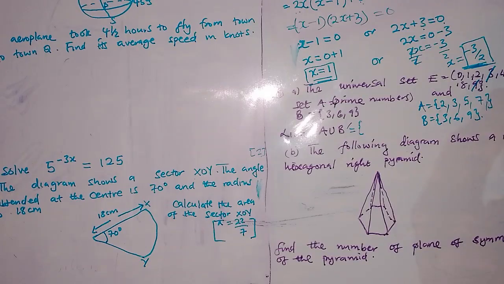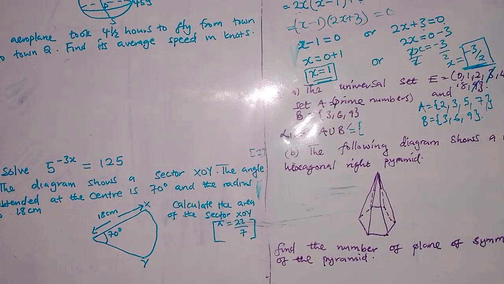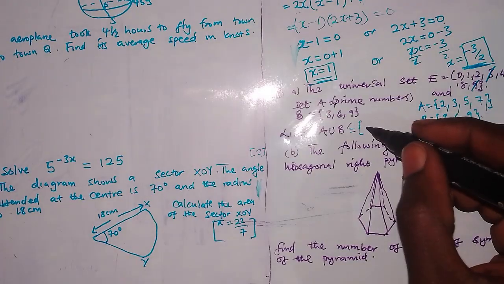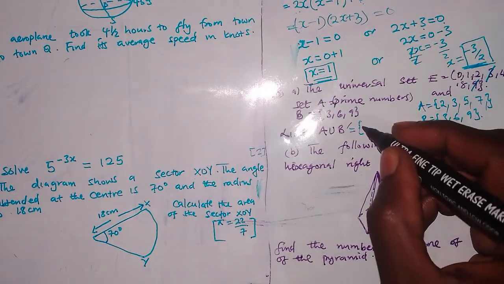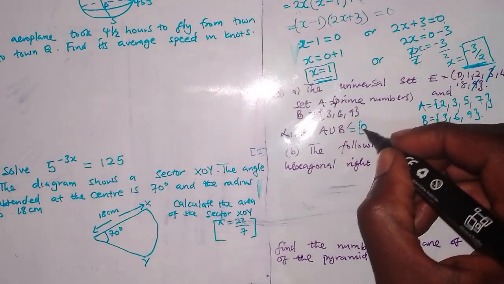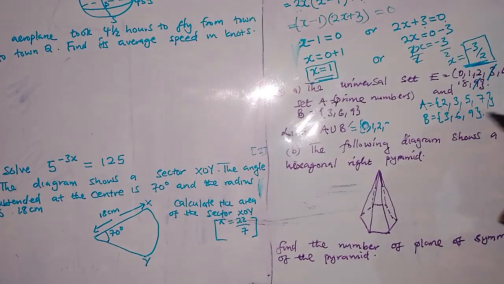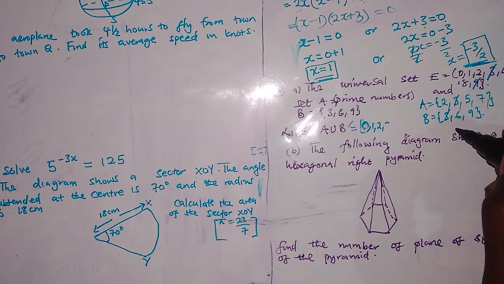Yeah. So these are the numbers which are not in set B. If we cancel them, we're saying that the remaining numbers are the complement. So we have 0, 1, 2, 3 is in B, so we won't write it.